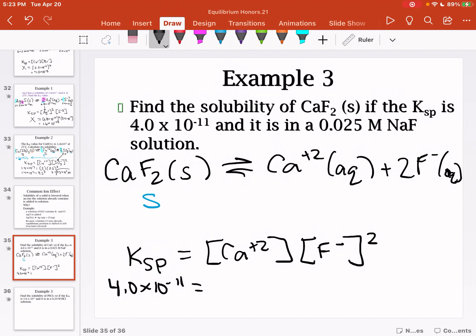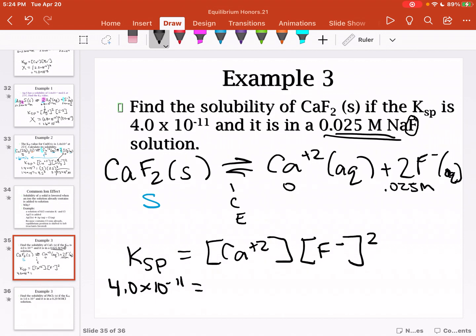So I see that if my calcium fluoride is equal to S, I can see that initially I don't have any calcium ions, but I have initially 0.025 molar fluoride ions from that sodium fluoride. You'll notice that that 1-to-1 mole ratio means that their concentrations are the same.